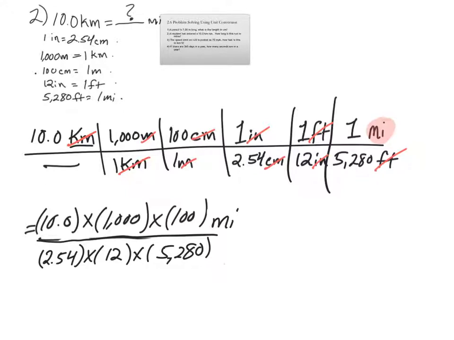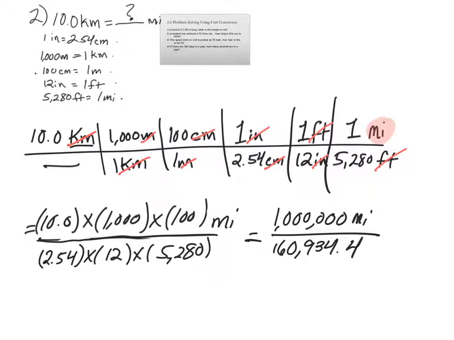Alright, so what this turns into, and you could do it step by step, is 10 times 1,000 is 10,000, 10,000 times 100 is 1,000,000. So you get 1,000,000 miles divided by the product of 2.54 times 12 times 5,280. And that is 160,934.4.